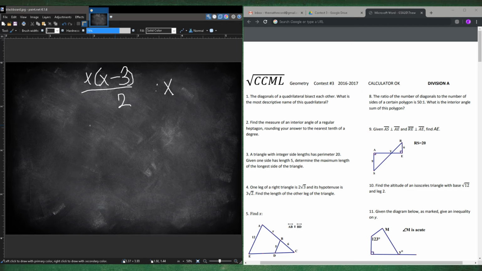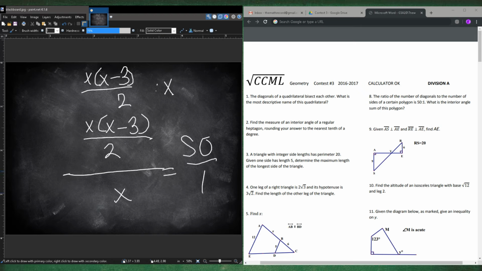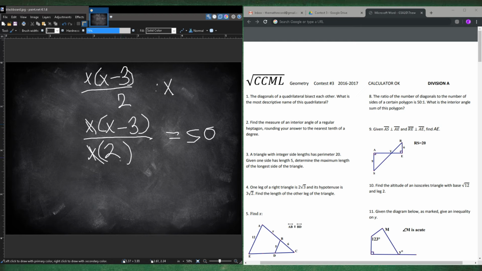So write that: x minus 3 divided by 2. Let's move x over here, so that gets x divided by 2 over x. Since that ratio is equal to 50 over 1, which is just 50, the x cancels out. So x minus 3 divided by 2 is equal to 50.